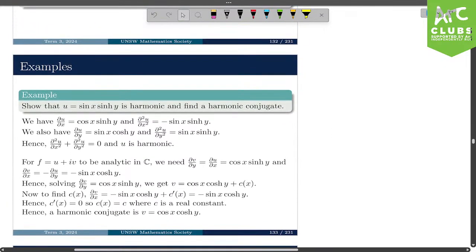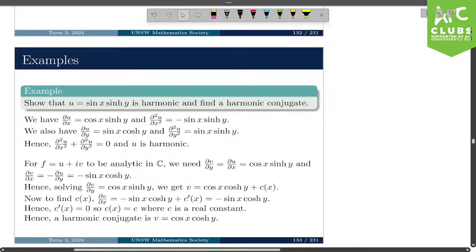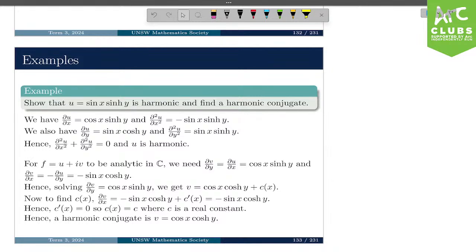So here we have an example. Given that u is equal to sine x sine y is a harmonic function, show that it is harmonic and find its harmonic conjugate. So for harmonic, we go ahead and perform the double differentiation, we get value 1.